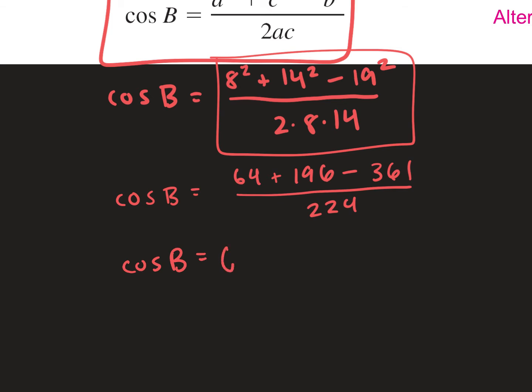I got negative 0.4508. Keep this in your calculator. What's the next step? Inverse of cosine, that cosine -1 button of negative 0.4508. So keep it in your calculator.